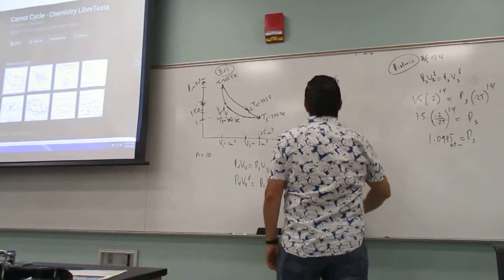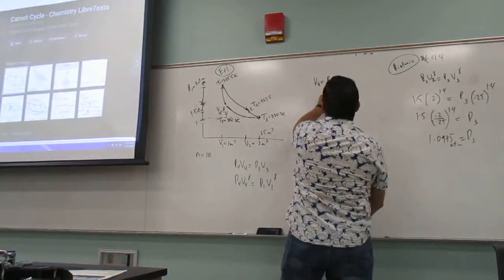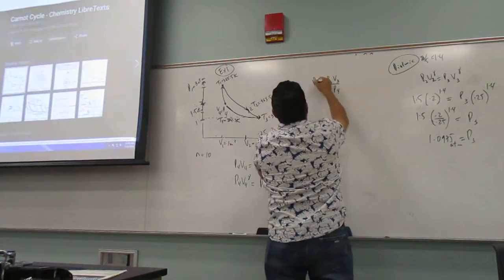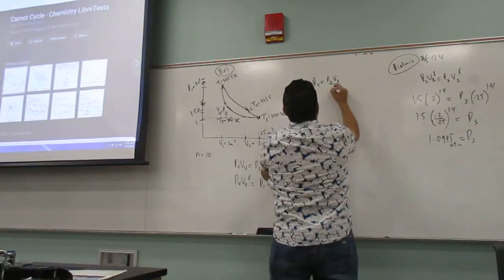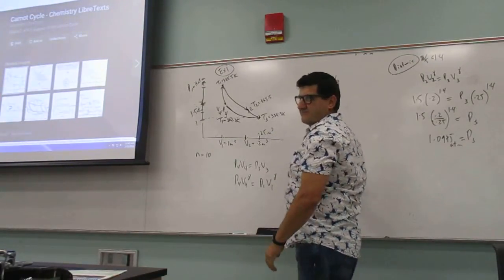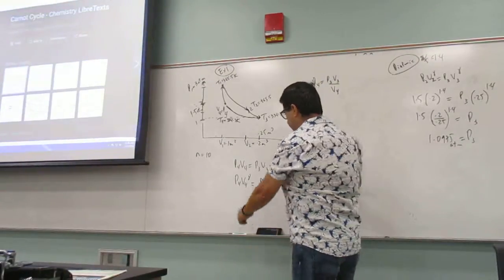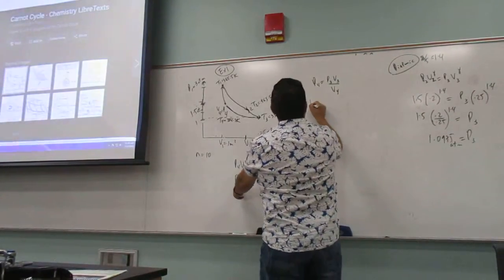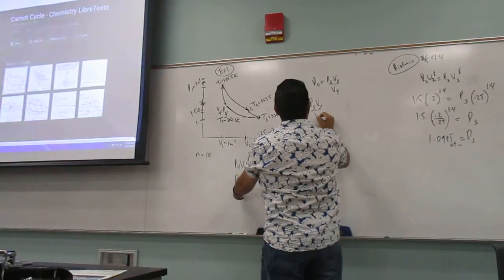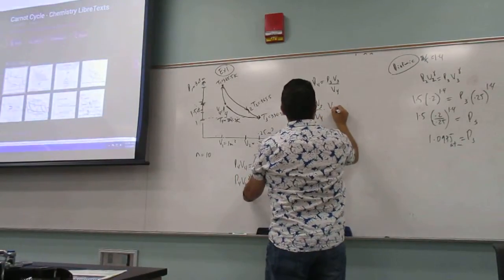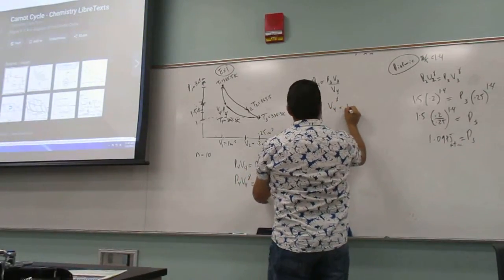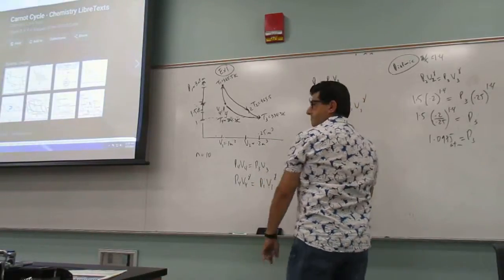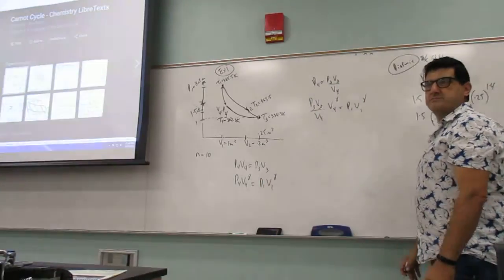Why don't we do it the other way? I'm going to say P4 is P3 V3 over V4. Make it a little easier for you, right? Then substitute it into here, you don't have to raise it to the power gamma, right? So then P3 V3 over V4 times V4 to the gamma is P1 V1 to the gamma. There you have it. You see?